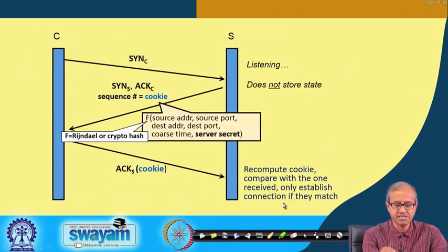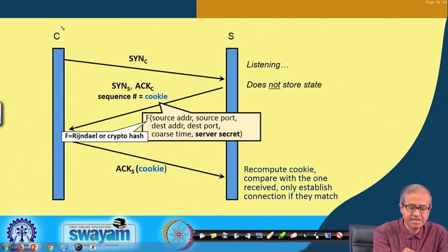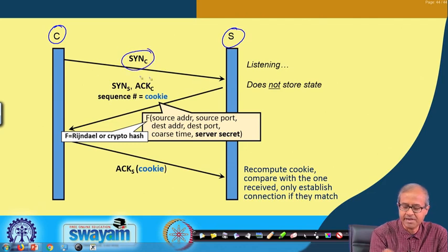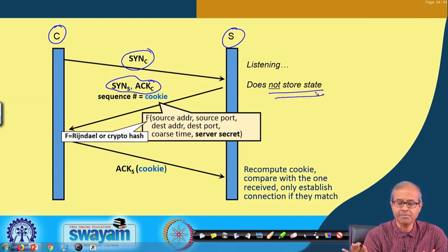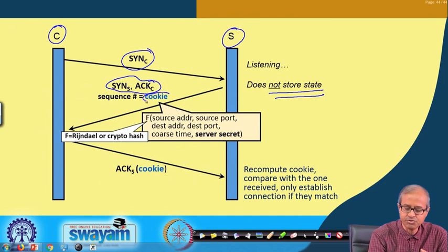I am just showing this with the help of an example, a diagram. This is a client, this is a server. The first packet, a SYN packet, goes, and the server responds with a SYN ACK, and it does not store state in tables, but rather stores it in a cookie. This cookie can contain some information, a sequence number sent back to the client.